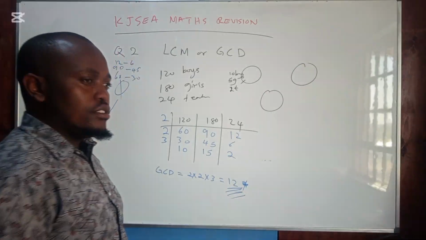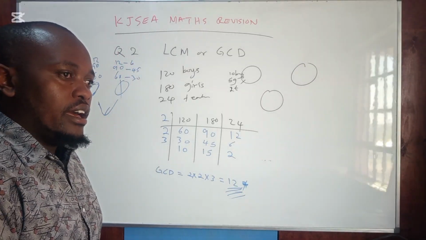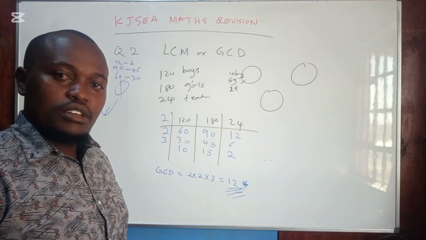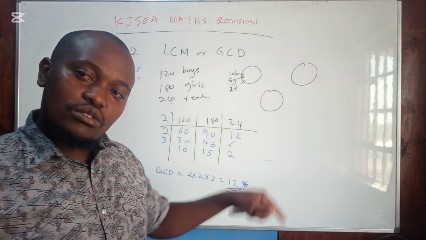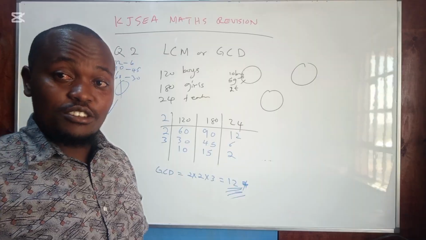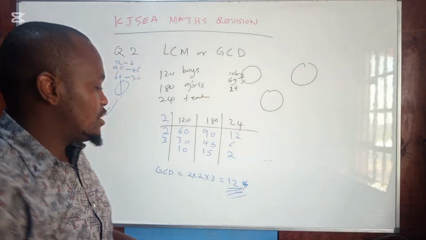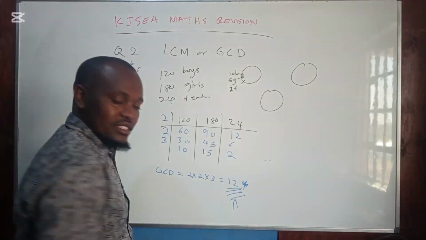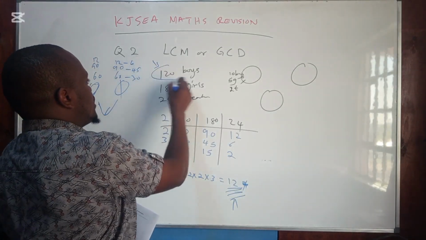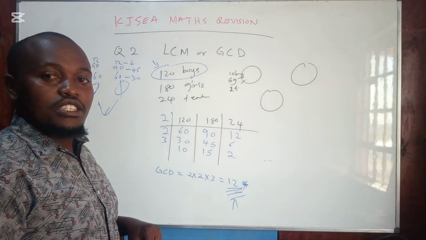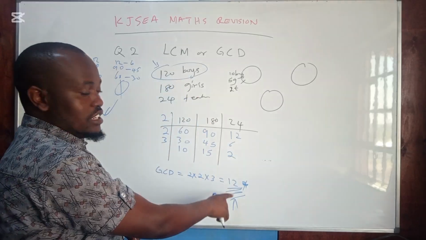In other words, I'm trying to illustrate. For example, if you are asked, maybe the next exam will ask, how many boys will be in each group? Tough, right? So if you have 12 groups and the boys that you had were 120, how many boys will be in each group? 120 divided by 12.